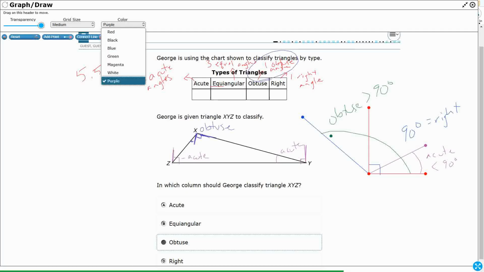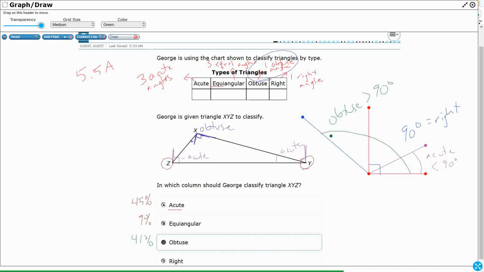This was a difficult problem. We had 45% of our students classify this as acute. They might not have known exactly what it meant, but these two angles are definitely acute. So they figured 2 out of 3 wasn't that bad. We had 9% choose equiangular. Once again, that's a phrase we don't use very often. We had 41% get the correct answer of obtuse.